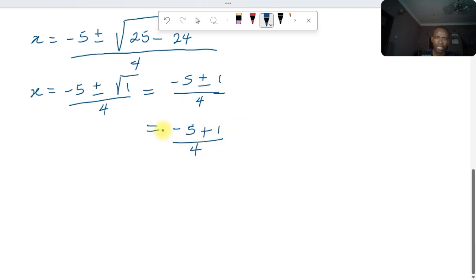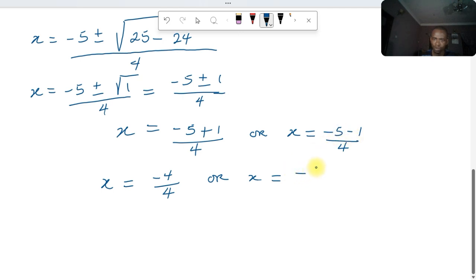We say x is equal to minus 5 plus 1 over 4, or we have x equal to minus 5 minus 1 all over 4. So let's proceed. We have x equals minus 5 plus 1, the answer is minus 4, divided by 4. Or x equals minus 5 minus 1, our outcome will be minus 6.